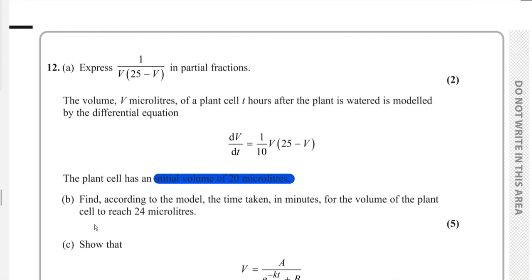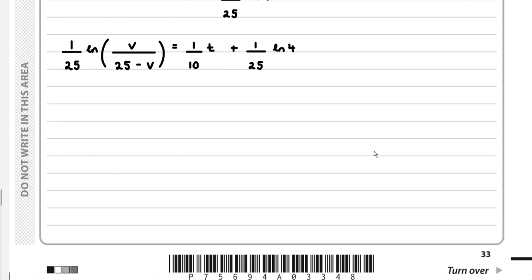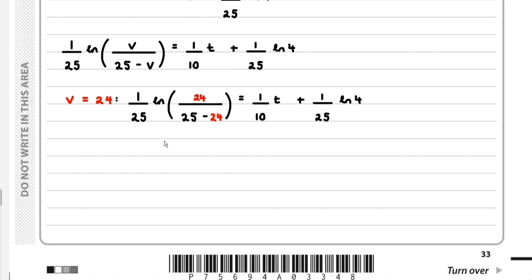What we need to do in the question is find the time taken to reach 24 microliters. So when V equals 24, we need to find out what t is. If I substitute 24 into this equation, we've got 1 over 25 times the natural log of 24 over (25 minus 24) equals 1/10 t plus 1 over 25 times the natural log of 4. So let's find what t is.